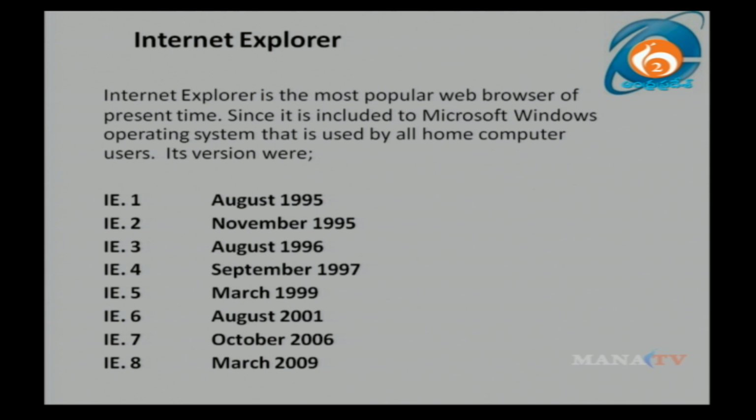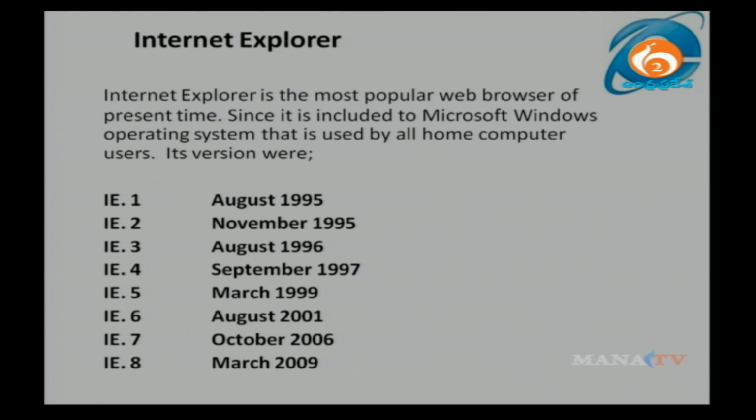Internet Explorer has different versions: number 1 was in August 1995. Internet Explorer version 2, November 1995. Internet Explorer version 3, August 1996.